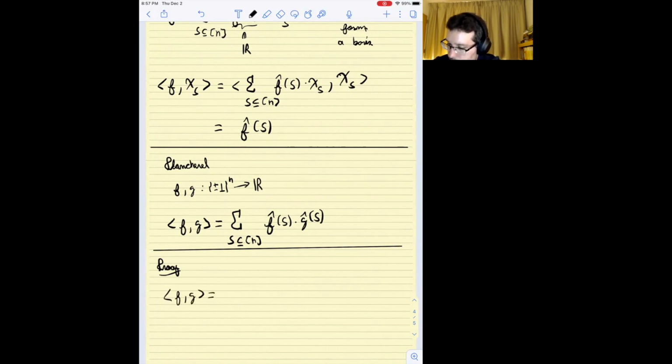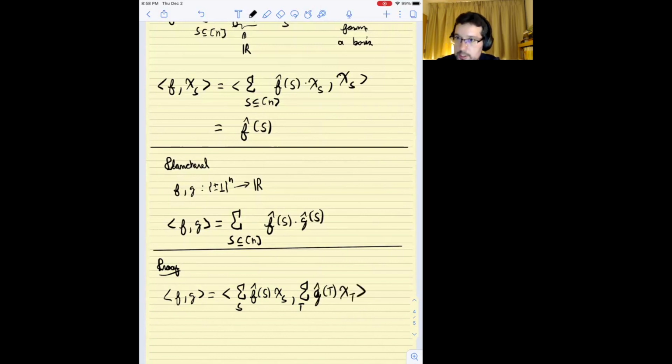Let's expand the two in the Fourier basis. So f is going to be a summation over S of f hat of S, chi S. And then we do the same thing for g. Let's give another name, T: a summation over T of g hat of T, that's a Fourier coefficient, times chi T.